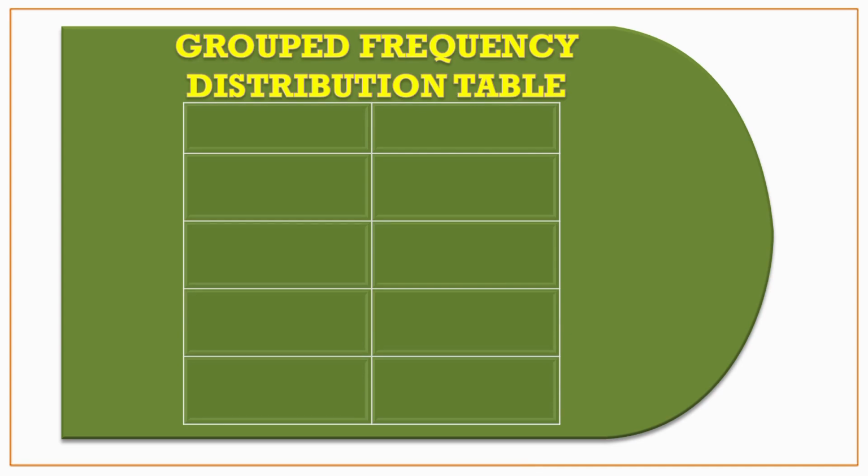Now if you take a look, it will be difficult to always deal with raw data. Suppose there are 40 students in a class and you want to record the height of each student. Each student will have a different height, so it will be difficult to handle the raw data of 40 students.